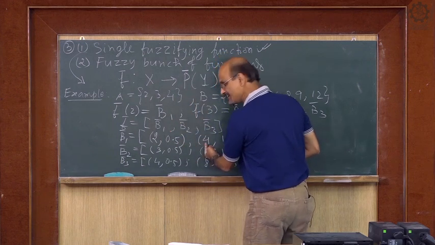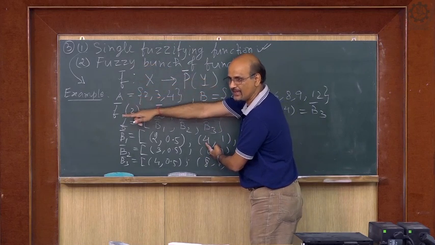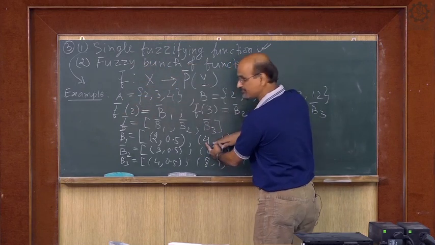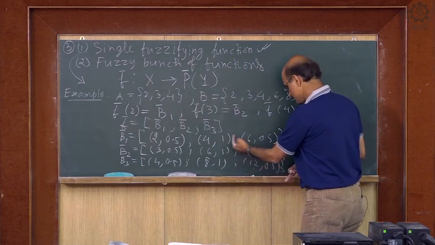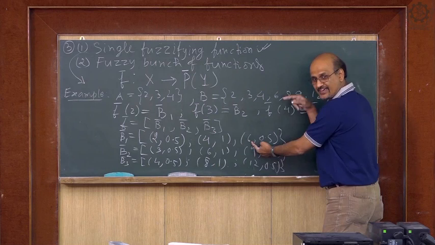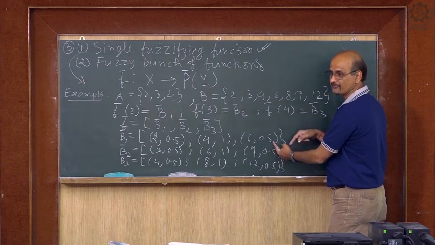Now, if I go here for 2 belonging to A, the mapping gives 4 with degree 1. If I come here, it gives 6 in B1 bar with possibility, or degree, 0.5.